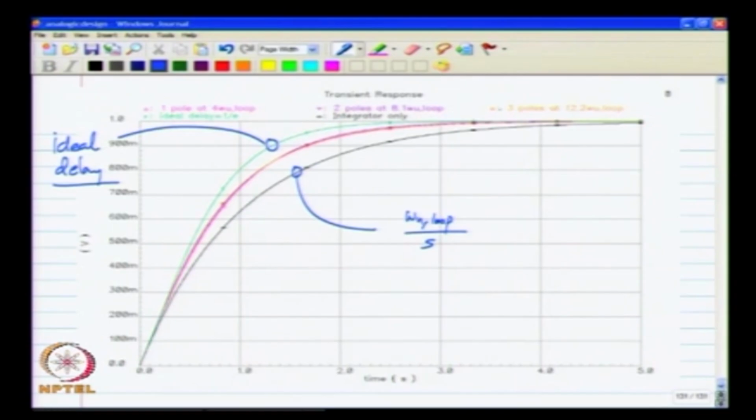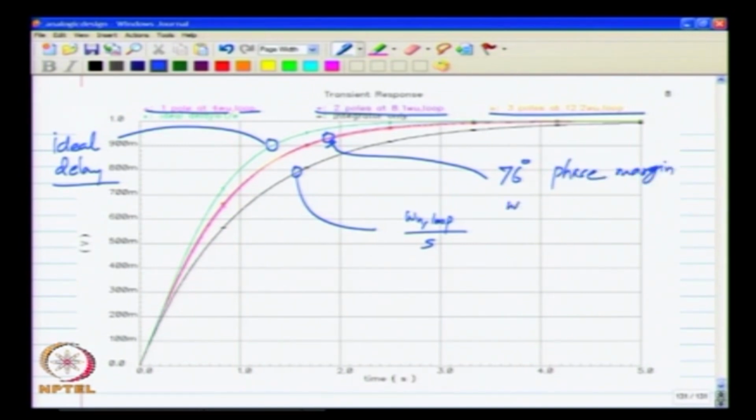In fact, if you look at it, I have plotted a single extra pole at 4 times omega u loop, 2 poles at 8.1, 3 poles at 12.2. All of these correspond to 76 degrees of phase margin, with 1, 2 and 3 extra poles, and you can see all of them are bunched together somewhere here.